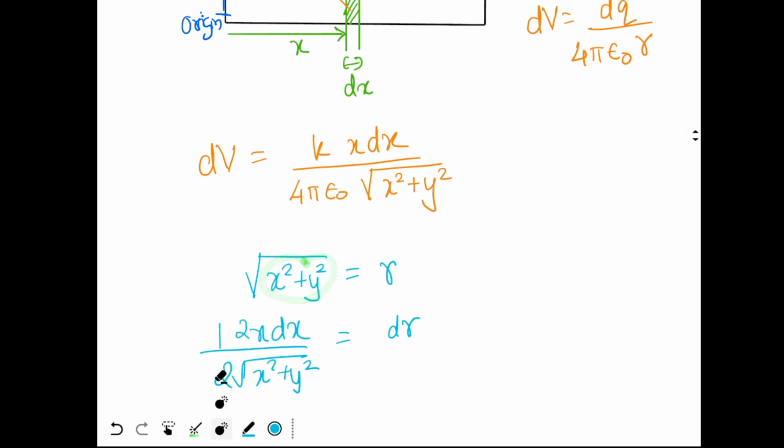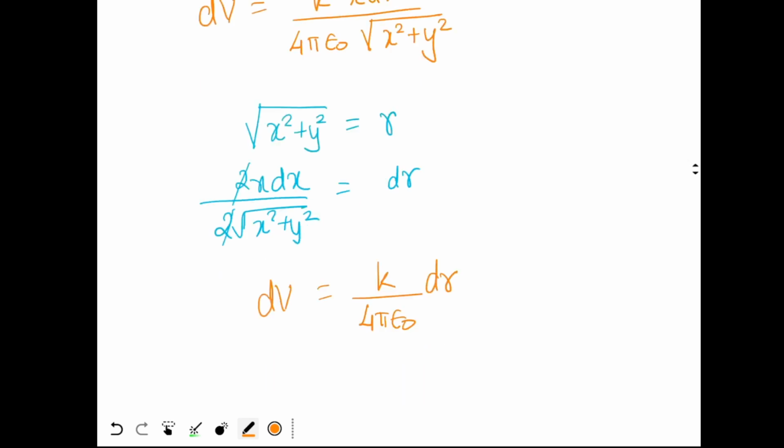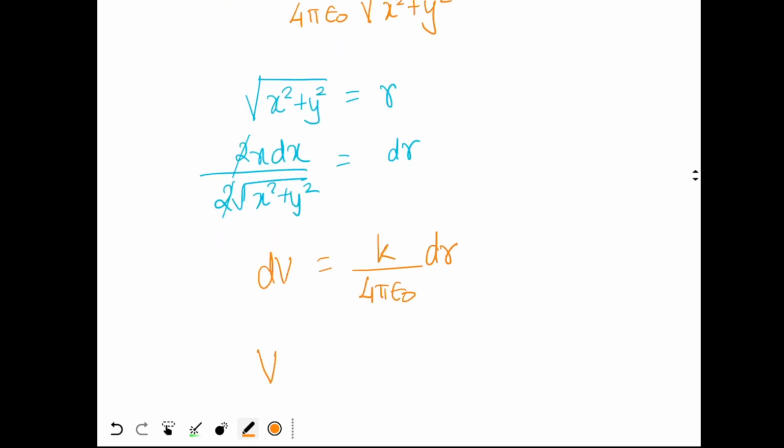So 2 will cancel out. So basically, x dx by root of x square plus y square is equal to dr. So I can rewrite my function as dV equals k by 4 pi epsilon naught dr. So when I integrate, I get the total potential at distance y from the rod.